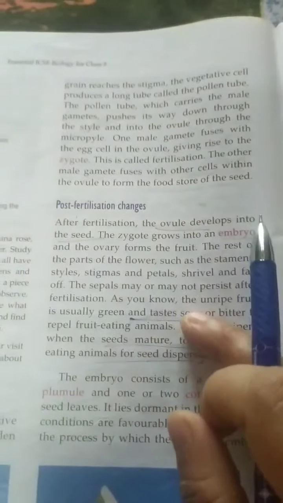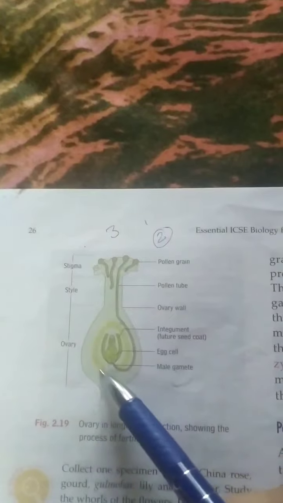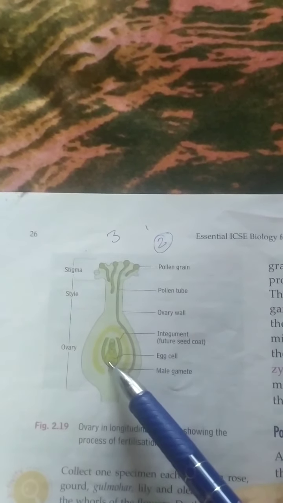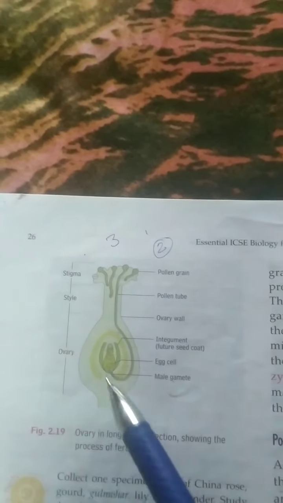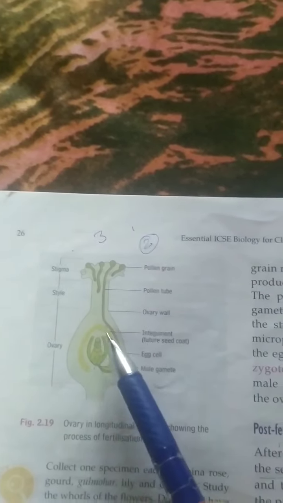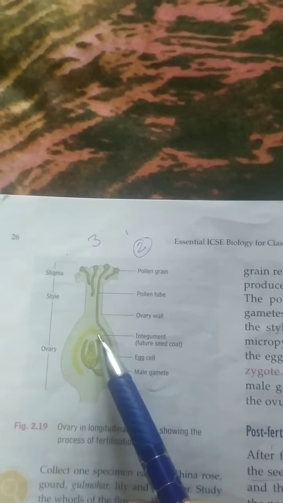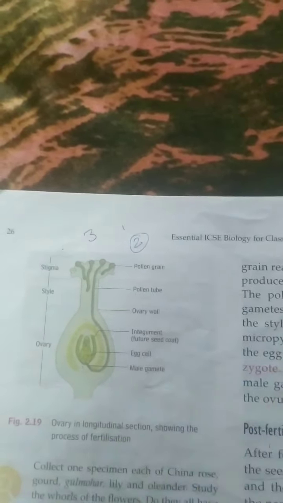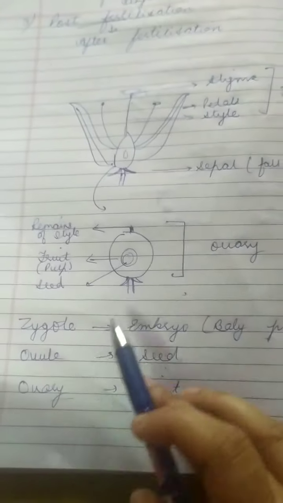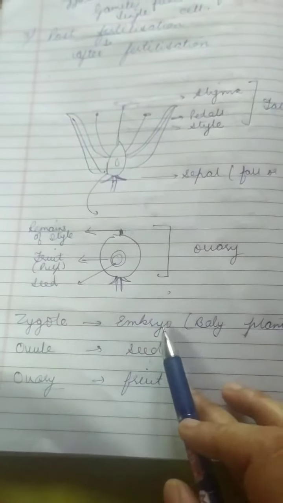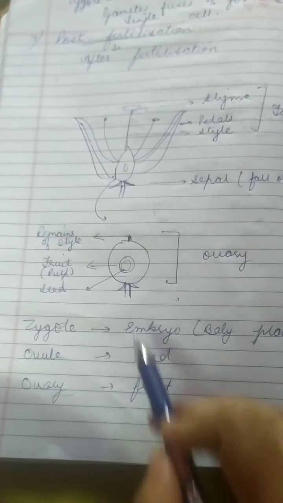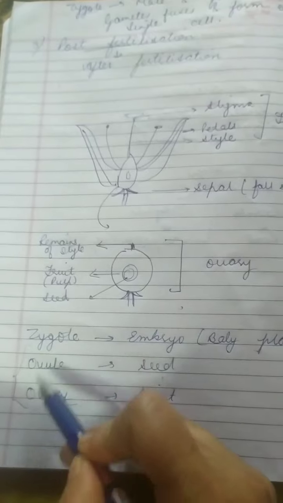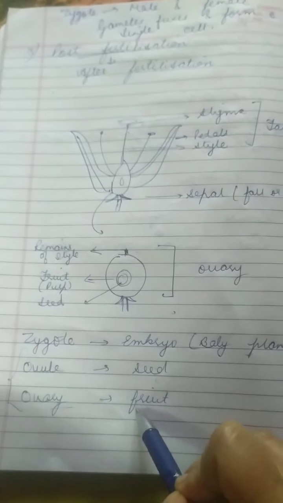The post-fertilization changes: this is fertilization. The gametes, male and female, meaning egg cells of the female in the ovary and the male gametes from the pollen grains, fuse together to make the zygote. Now this zygote undergoes further transformations. I already told you after fertilization, the zygote becomes the embryo or baby plant, the ovule changes to seed, and the ovary becomes the fruit.